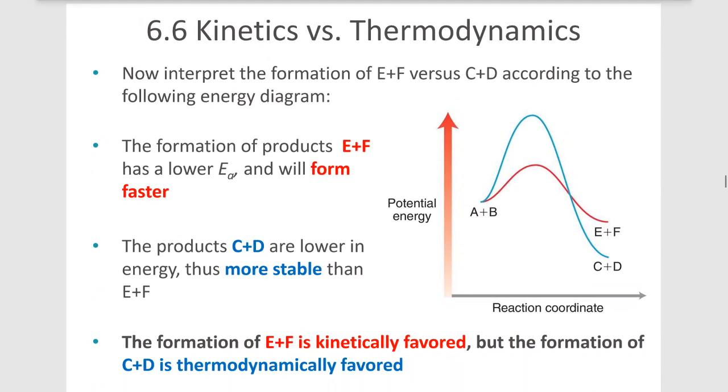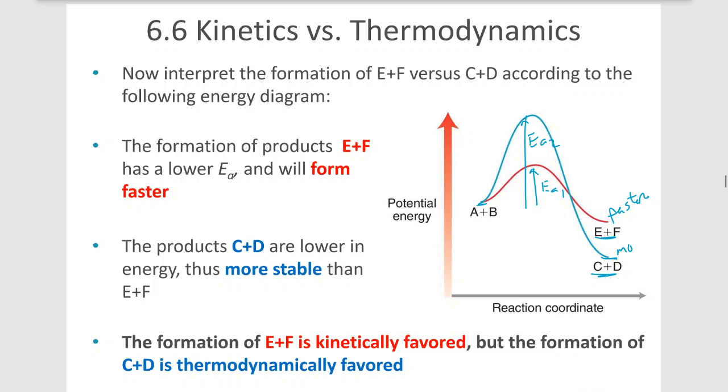But what if we have an energy diagram that goes like this? We have A and B that can form either this C and D or this E and F. A and B is going through a lower activation energy to form E and F than it is to form C and D. So it's faster to form E and F than it is C and D. But C and D is at a lower energy at equilibrium.